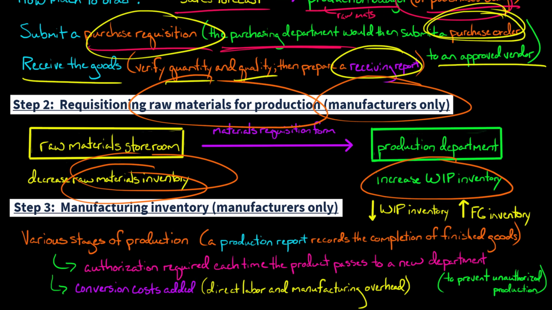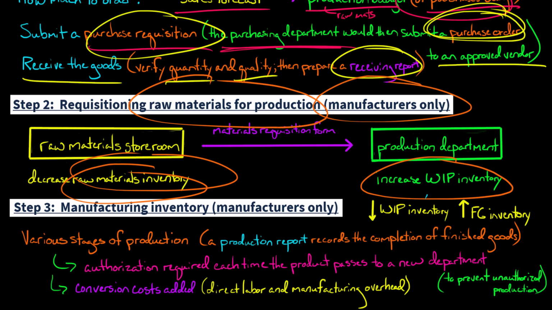Okay. Now, step 3, manufacturing inventory. Obviously, a retailer is not going to have this step because they don't manufacture their inventory. But for a manufacturer, the product might pass through various stages of production. There might be multiple different production departments, and ultimately, when it's fully done, when the inventory has been built, there'd be a production report generated, and that would record the completion of the finished goods.